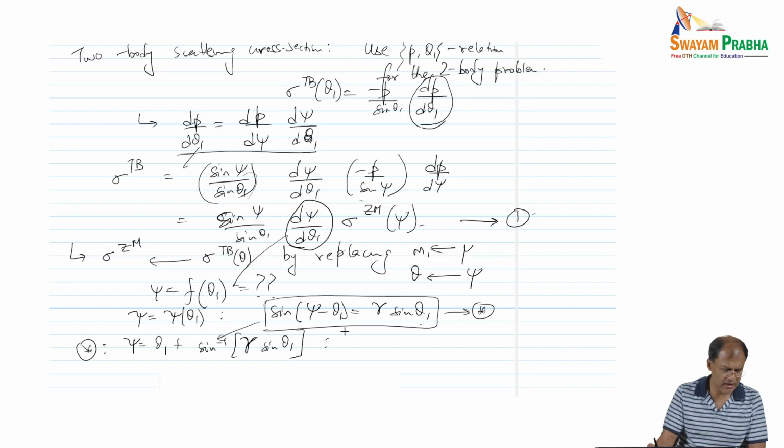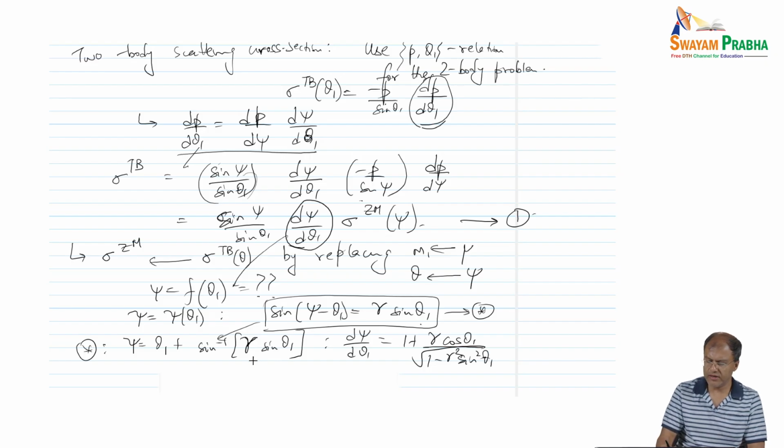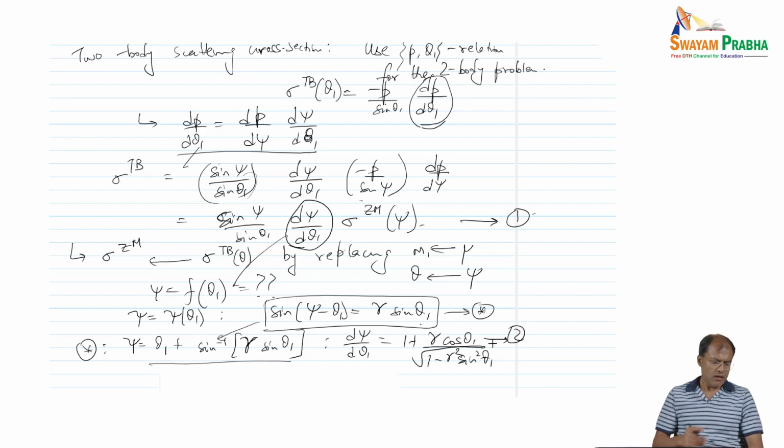And we see that d psi d theta 1 is 1 plus gamma cos theta 1 by square root of 1 minus gamma square sine square theta 1, right? So we have differentiated this new, inverted relation. Let me call this 2, right?